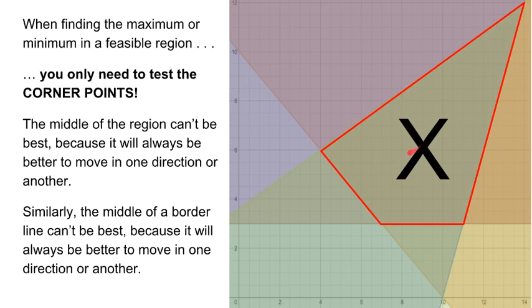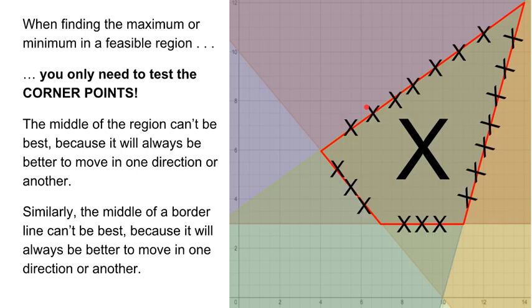Similarly, if we get to one of the borders, it's always going to be better to move one direction or the other direction. If we hit this border, it would be better to go in that direction or in that direction, up or down. It just depends on what we're looking for, what we're trying to maximize or minimize. So the border lines are out except for at the corners.